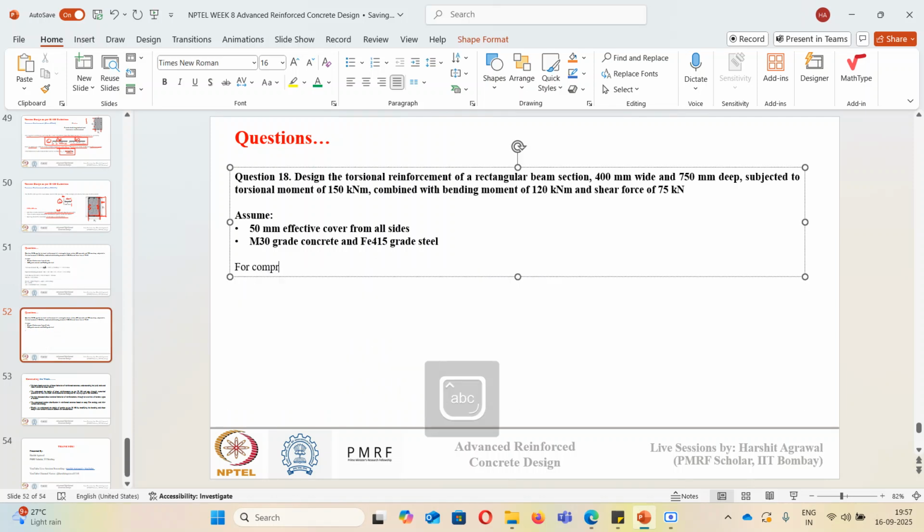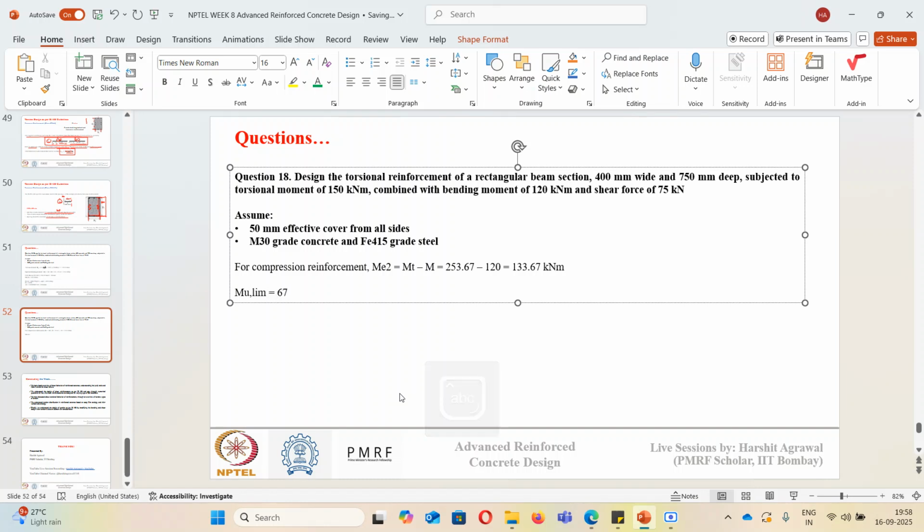For compression reinforcement, we know Me2 is given by Mt minus M. So it is 253.67 minus 120, which is equal to 133.67 kilonewton meter. Now for this, Mu limiting will remain the same, 676.2 kilonewton meter. So again, for this reinforcement, I will do the design.